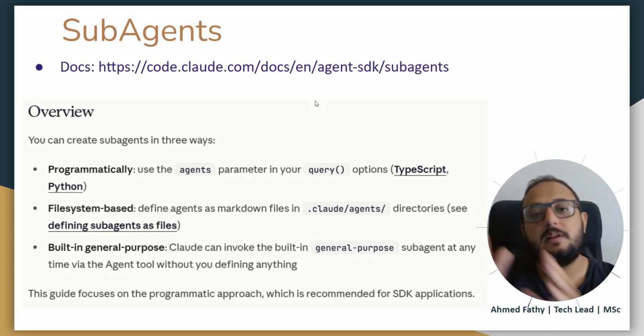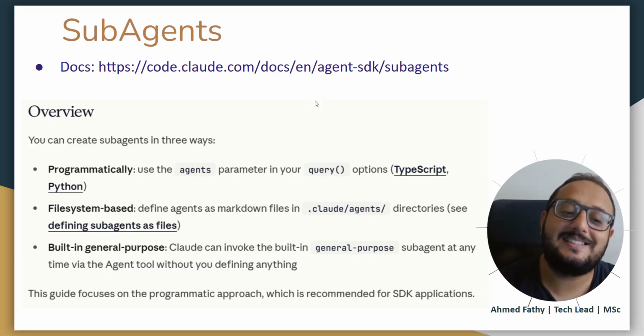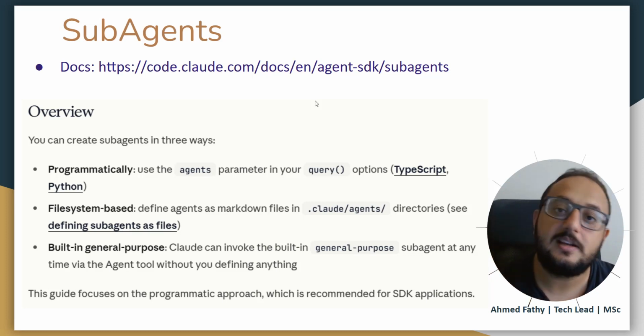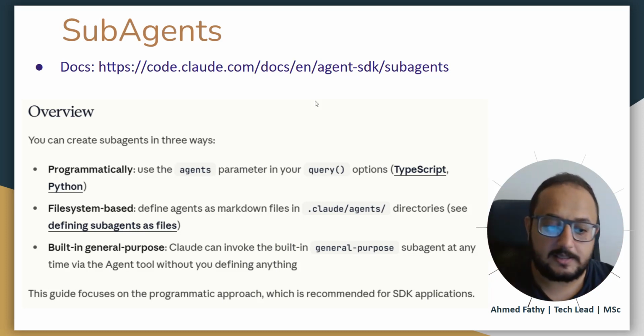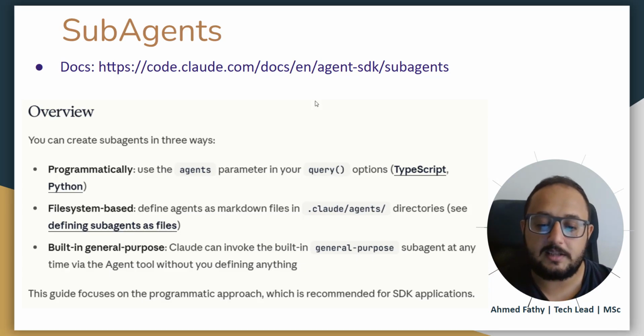This is very similar to what you do for Claude Code. However, here we are talking about the SDK. So you can use these file system based sub-agents in the 2 categories. And also, as we said before, we have the built-in general purpose sub-agent. Claude can invoke the built-in general purpose sub-agent at any time via the agent tool without you defining anything.